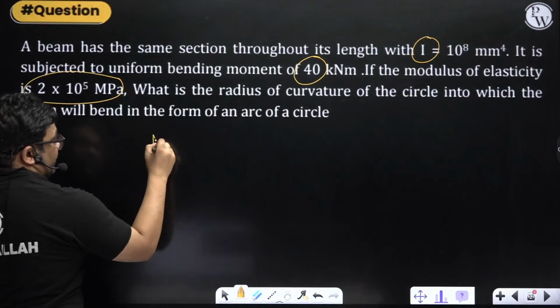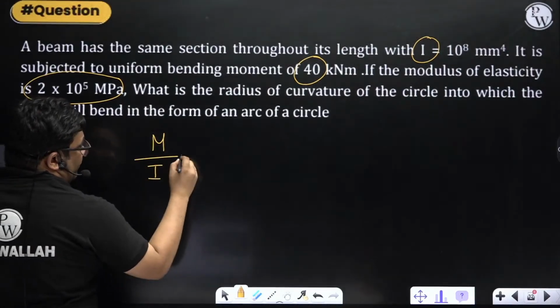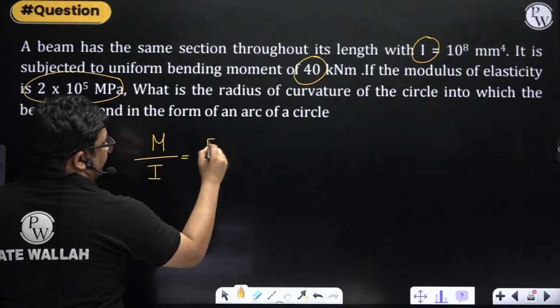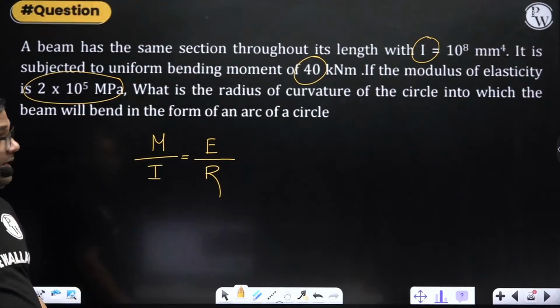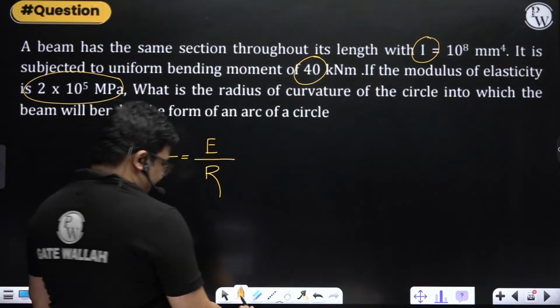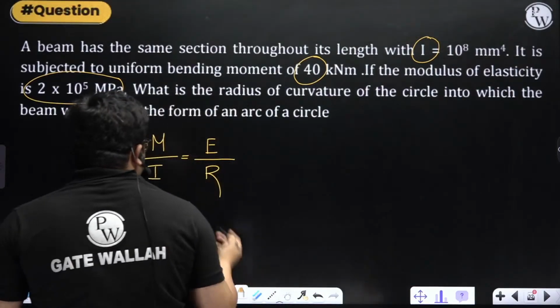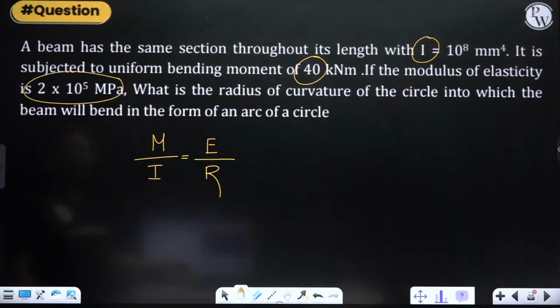So you can solve the question using M by I is equal to E by R. But units we have to take care of, so I will convert everything into Newton mm.